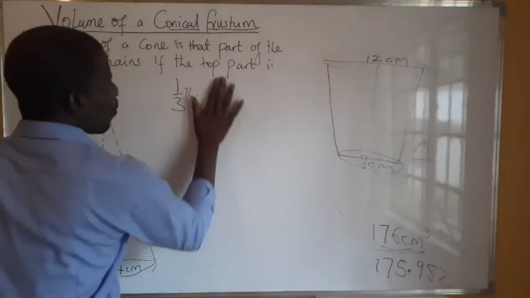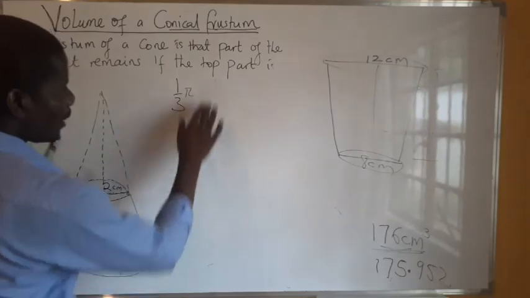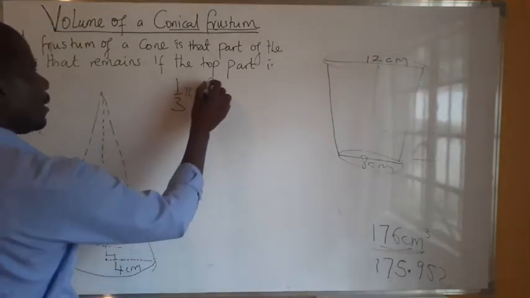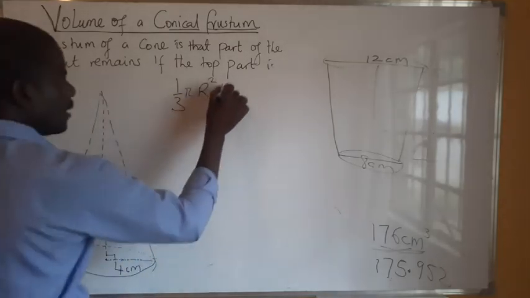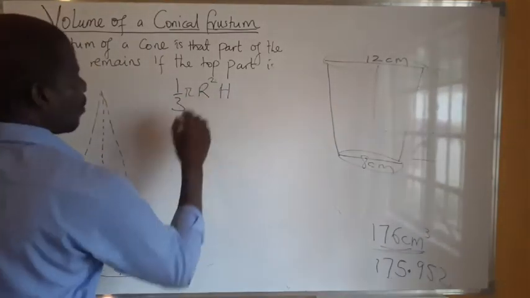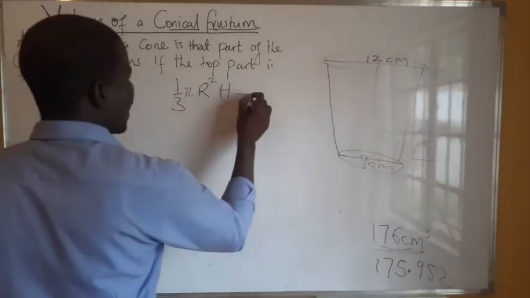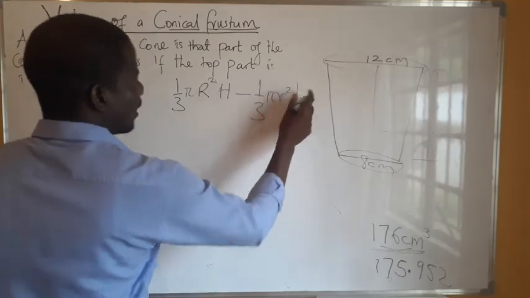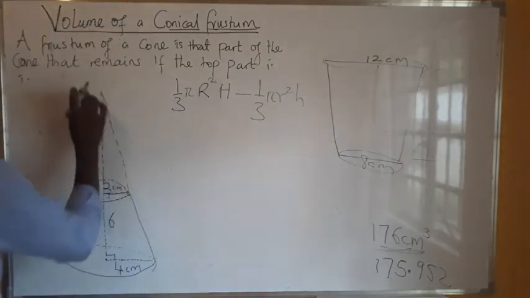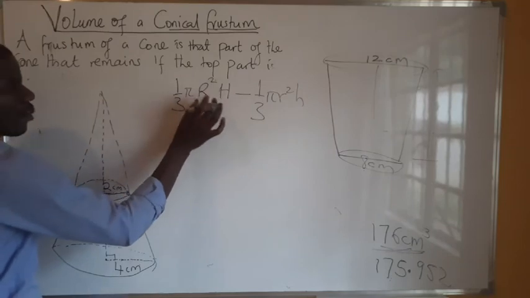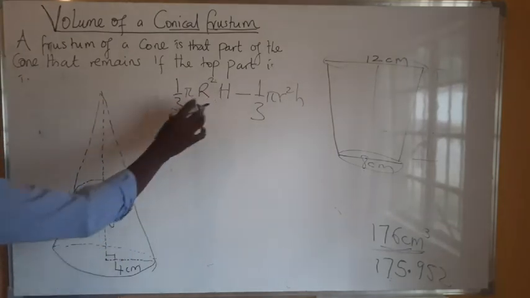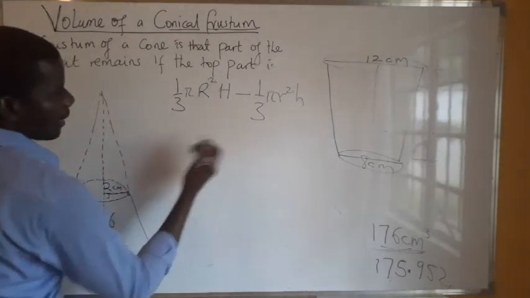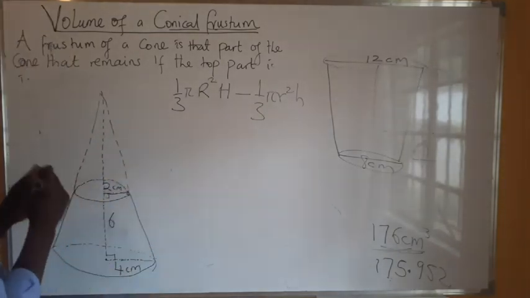So we are going to call the radius of the bigger cone capital R. Then the height of the bigger cone, I also write in capital, then minus 1/3 pi r squared h. This one is the volume of the smaller cone, and this one is the volume of the bigger cone. Okay? So if you want, in these same two formulas we have something that is common, isn't it?